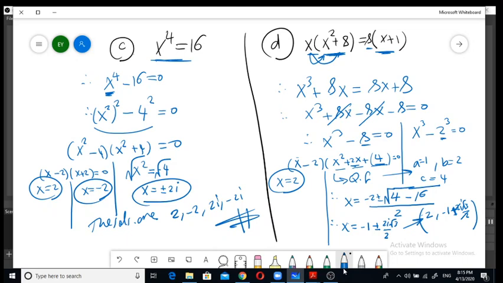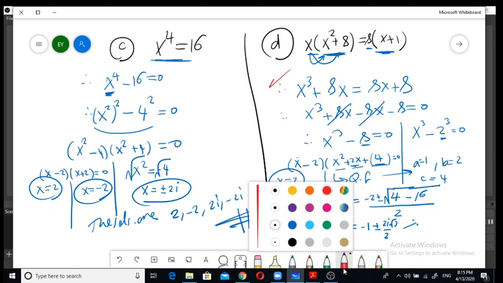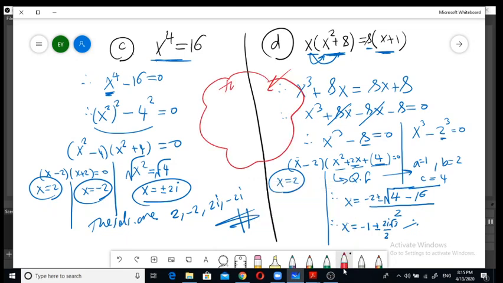We can simplify: the 2 cancels with 2. Then x is equal to negative 1 plus or minus i square root of 3.